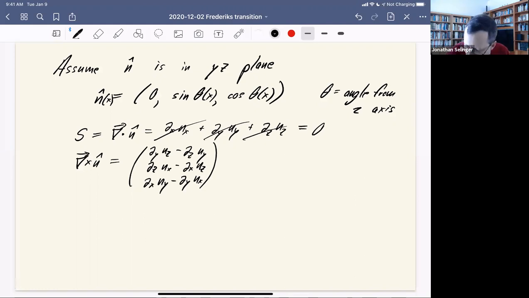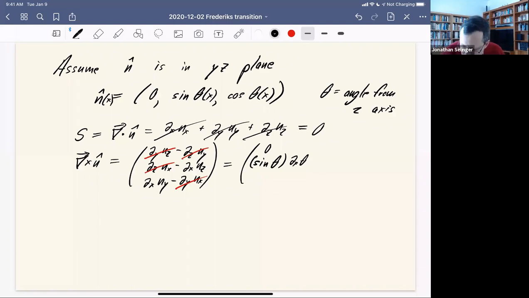Okay. Most of these things are 0 because nothing depends on y or z. Okay, so the only non-zero terms, let's see, there's a term which is negative x derivative of nz. So that is sine theta times dx of theta.